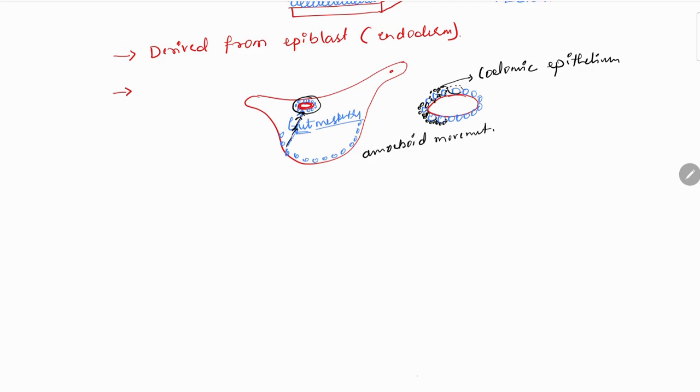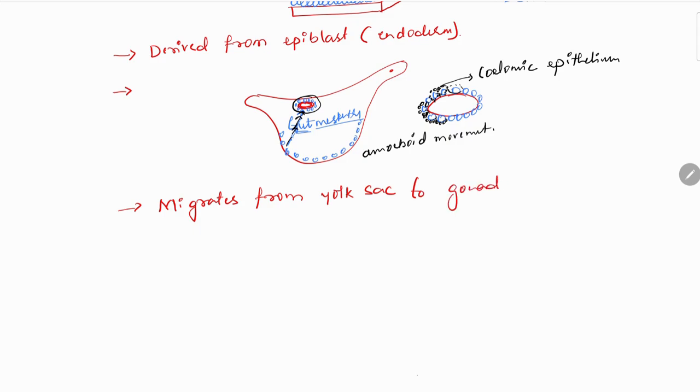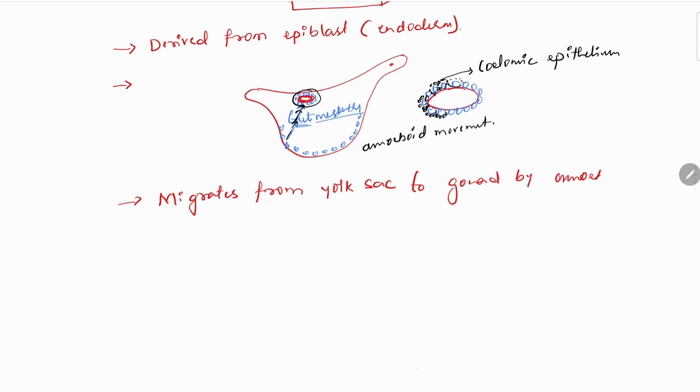So what we write is that they migrate from the yolk sac, the wall of the yolk sac, to the gonads, by amoeboid movement, crossing the gut mesentery.